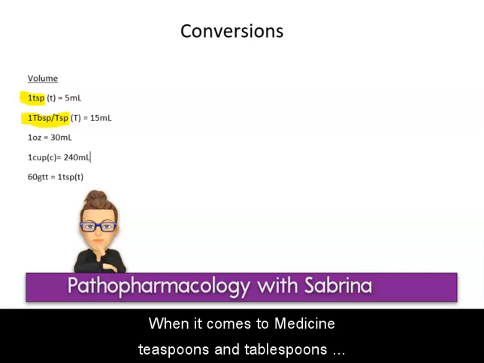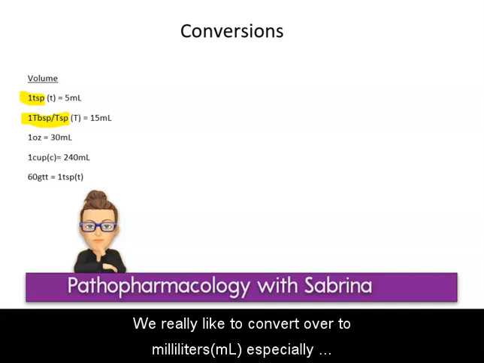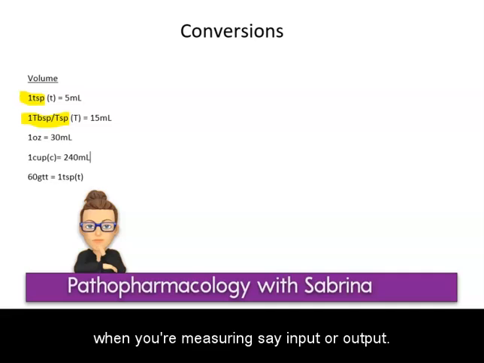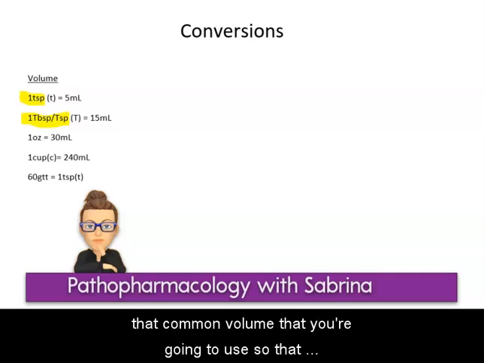And when it comes to medicine, teaspoon and tablespoon isn't super accurate unless you have an actual measuring device. So we really like to convert it over to milliliters, especially when you're measuring, say, input or output. Usually milliliters are going to be that common volume that you use so that you can add it all easily in one place.